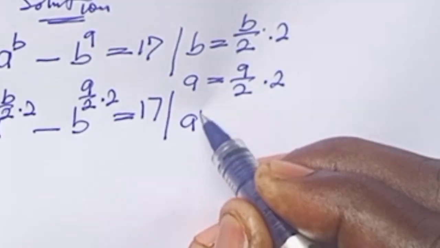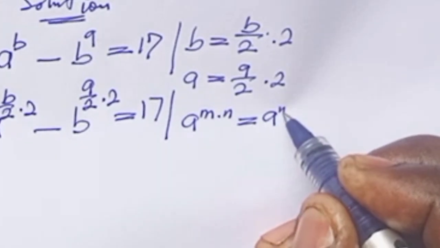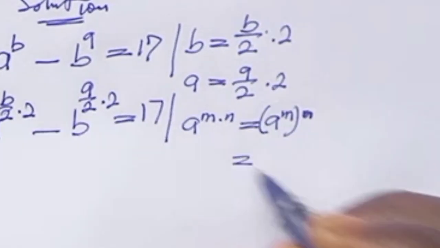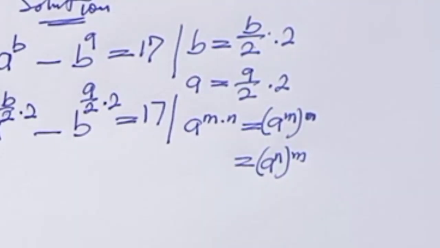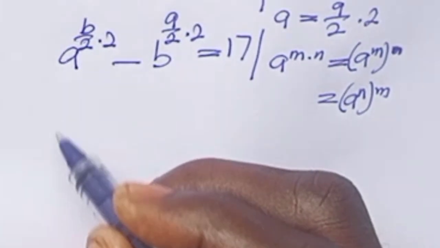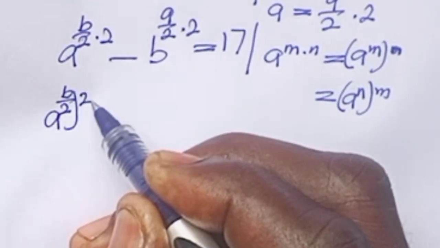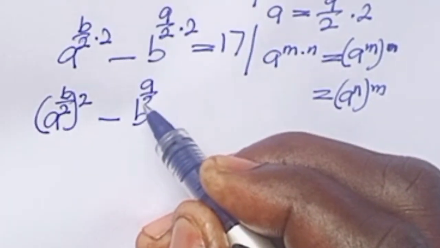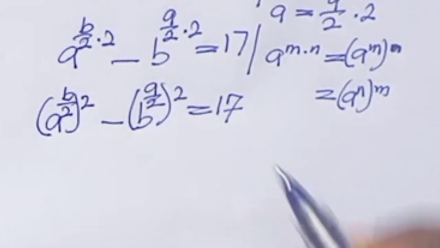But a to the power of m times n can be written as a to the power of m and times n, or it can be written as a to the power of n times m, and it's all fine. So in the next line, we can therefore write a to the power of b over 2, to the power of 2, minus b to the power of a over 2, also to the power of 2. This is equal to 17.